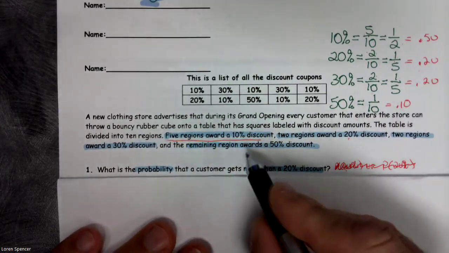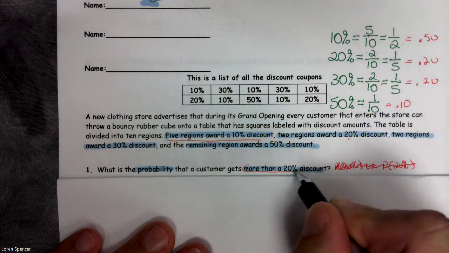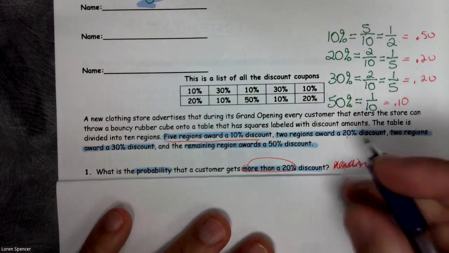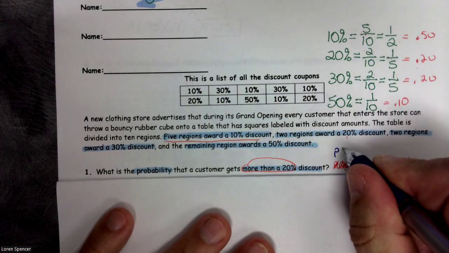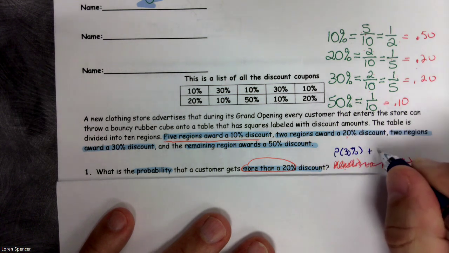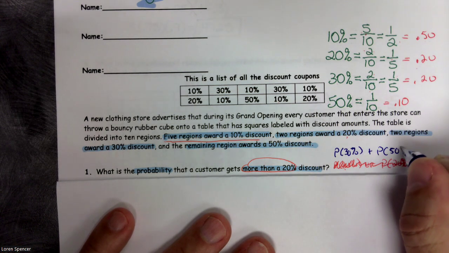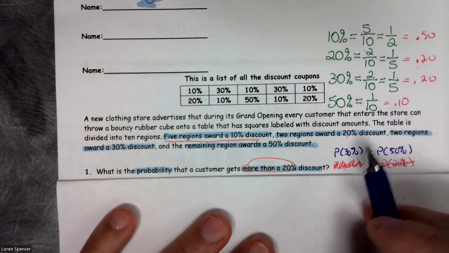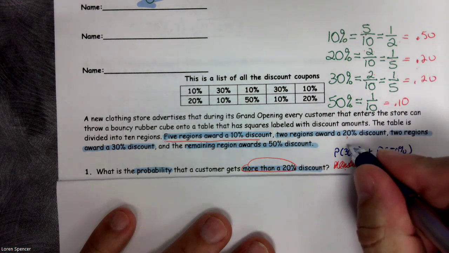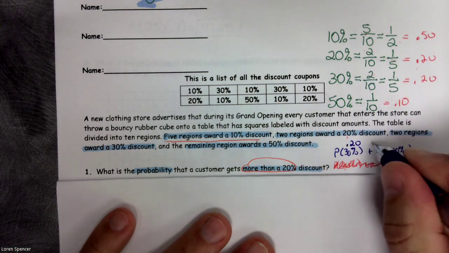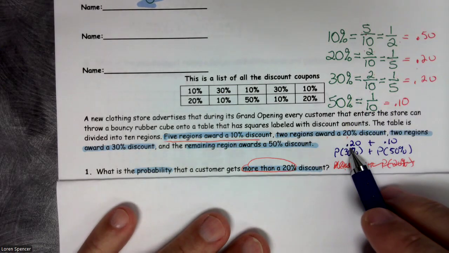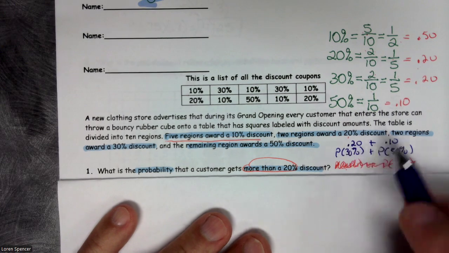So what is the probability a customer gets more than a 20% discount? If they want more than a 20% discount, what they're looking for is the probability of a 30% discount plus the probability of a 50% discount. Well, the probability of a 30% discount is 0.20, and the probability of a 50% is 0.10. So we can add those up and we get 0.3, or 3 out of 10.